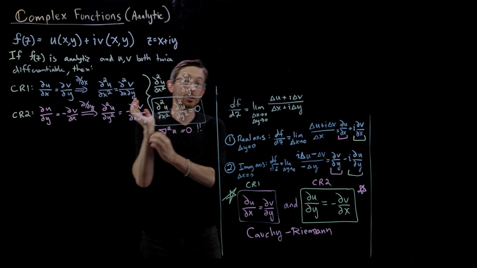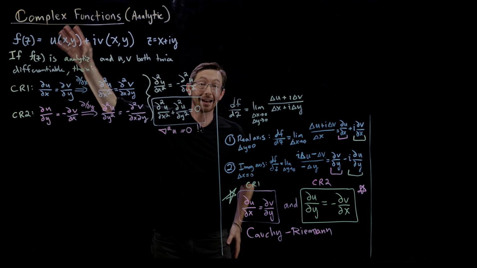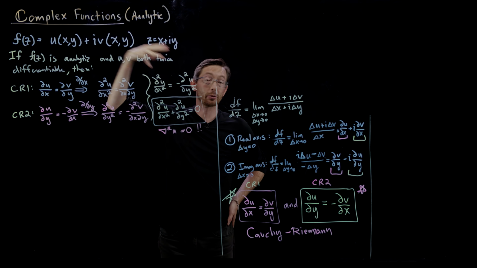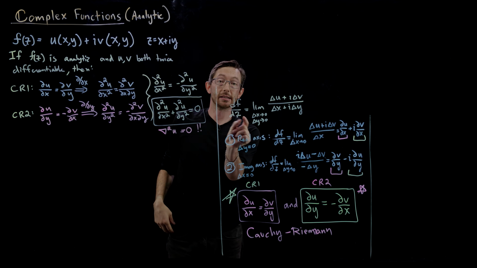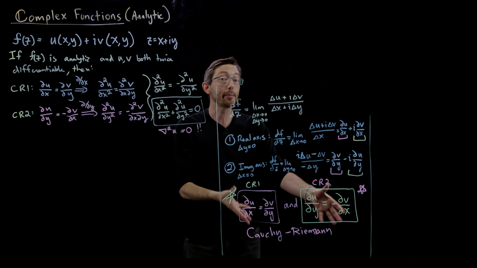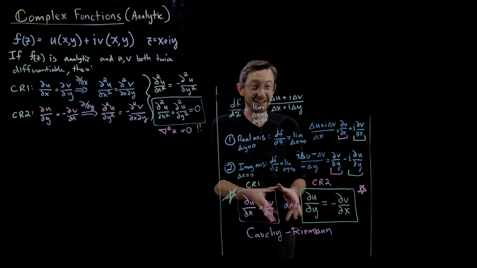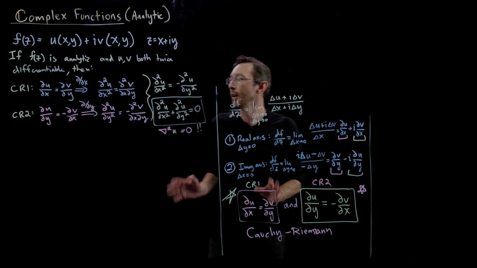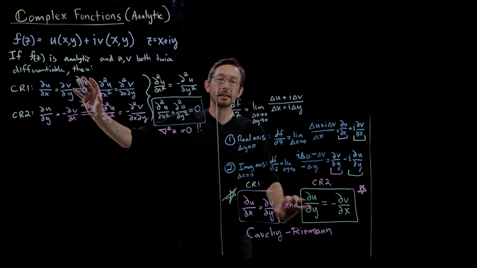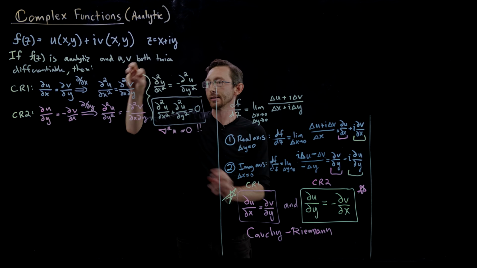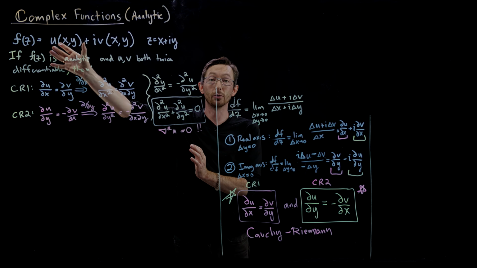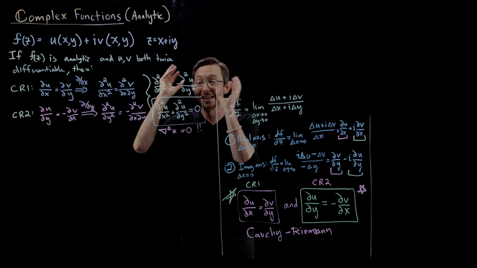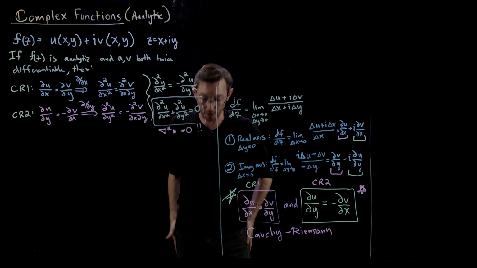If I have a function f which is analytic, meaning its derivative is defined and finite, and it doesn't matter what direction delta z goes to 0, if these Cauchy-Riemann conditions are satisfied, which is essentially synonymous with being analytic, then you can manipulate these Cauchy-Riemann conditions and take some partials and set some things equal, and you find that the real valued function u, the real part of f, is a solution of Laplace's equation.